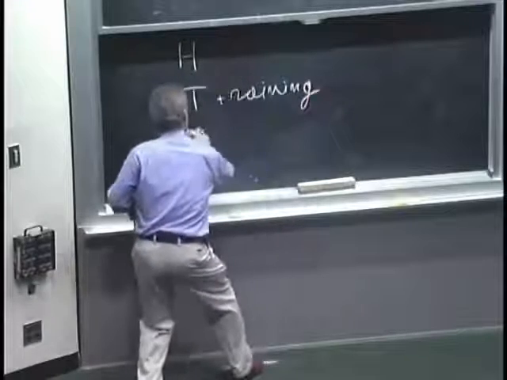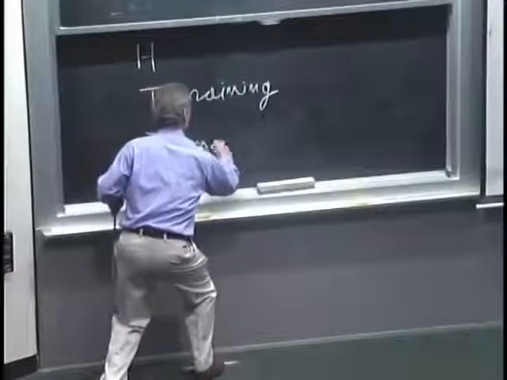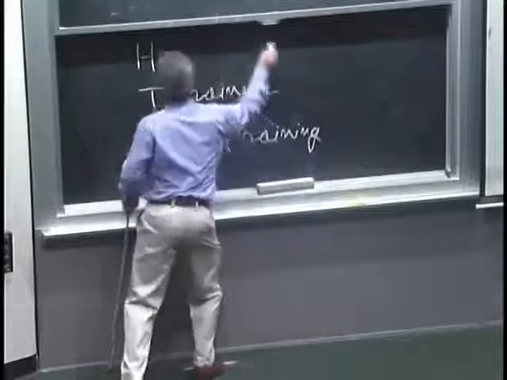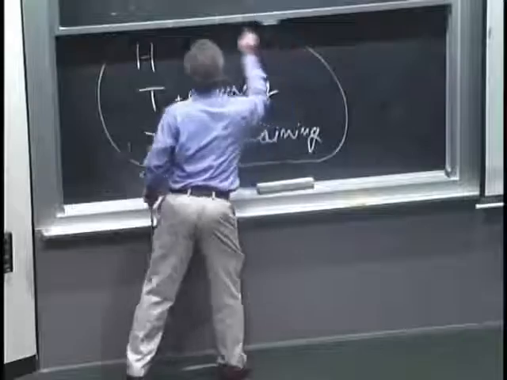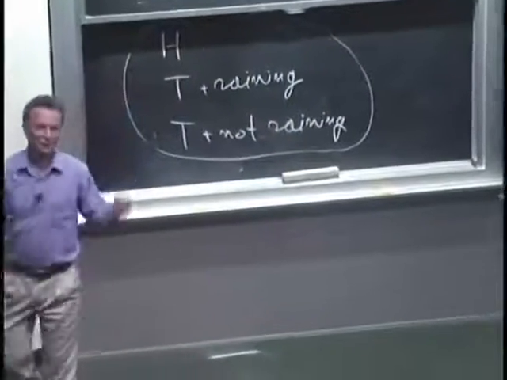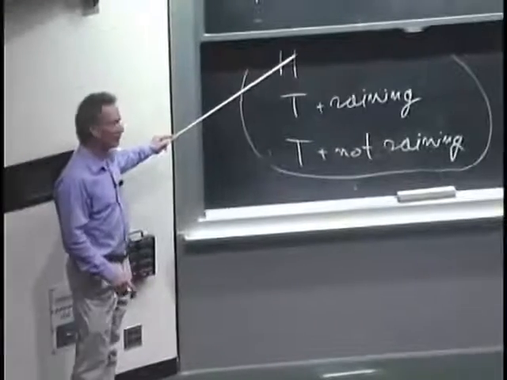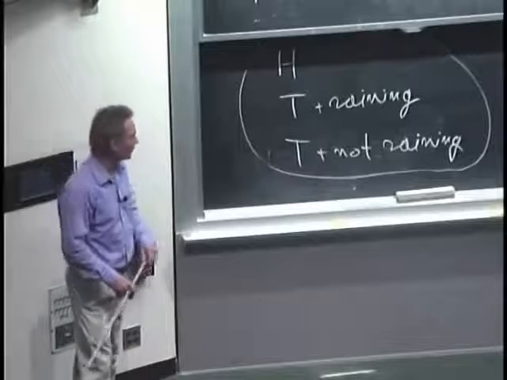And the third possible outcome is tails, and it's not raining. So this is another possible sample space for the experiment where I flip a coin just once. It's a legitimate one. These three possibilities are mutually exclusive and collectively exhaustive.